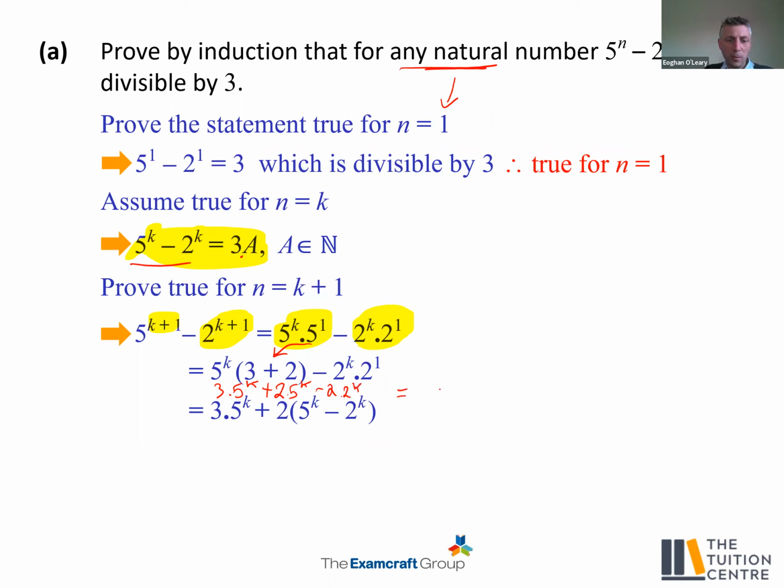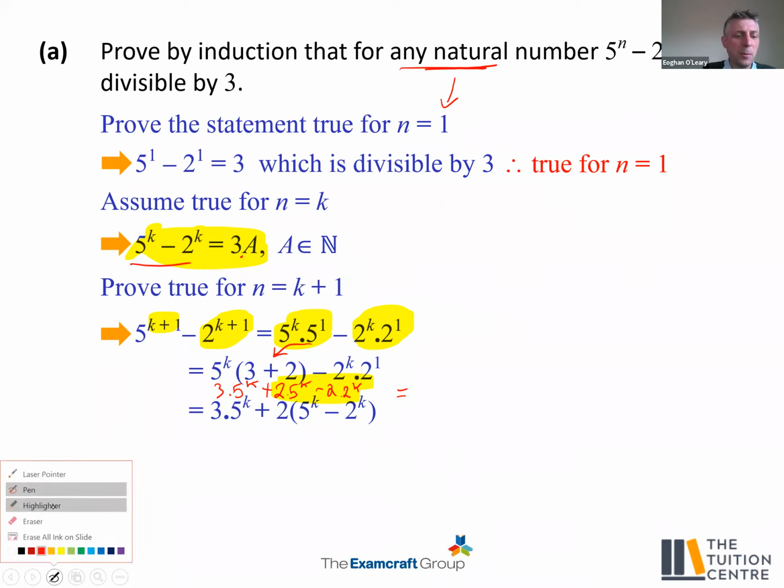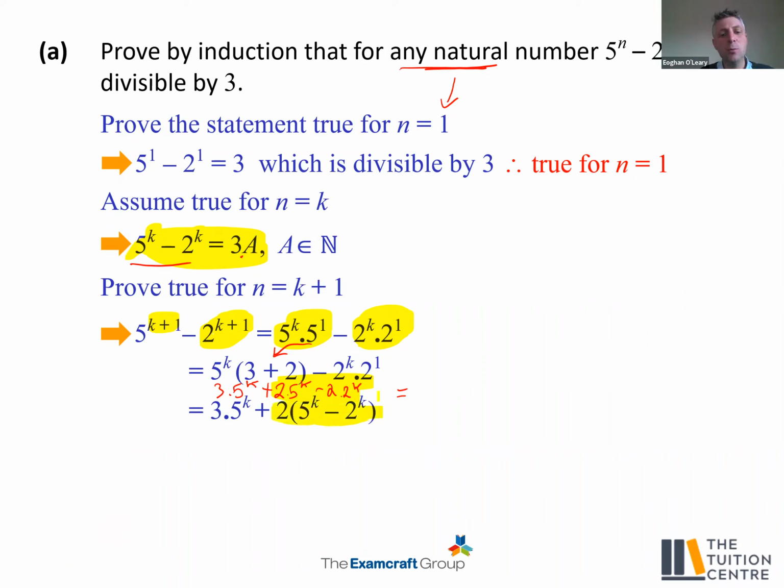Now I'm going to work with this part here. I have 2 times 5 to the power of k minus 2 times 2 to the power of k. So I'm going to factor out the 2 from that part, and that's exactly what happens here. I've factored out the 2, so I get 2 times 5 to the power of k minus 2 to the power of k.